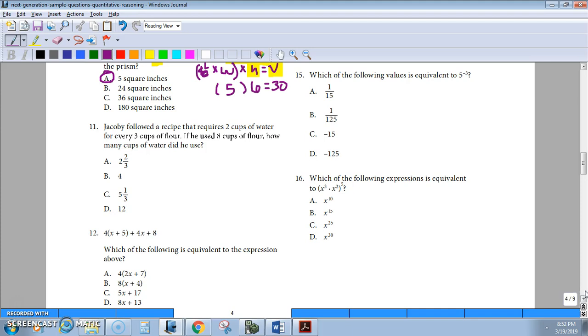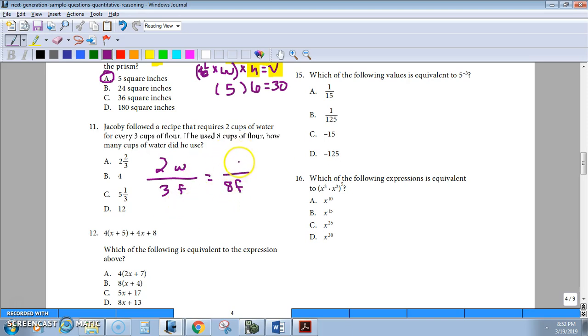Jacob followed a recipe that required 2 cups of water for every 3 cups of flour. I'm going to do a ratio: 2 cups of water for each 3 cups of flour. If he used 8 cups of flour, so we put that on, because if I'm setting up a ratio, the denominators and the numerators have to be the same.